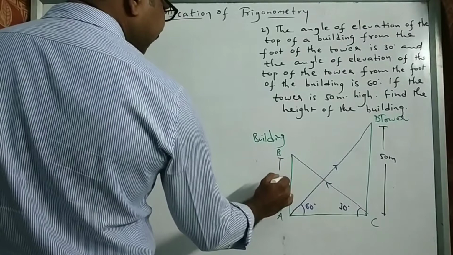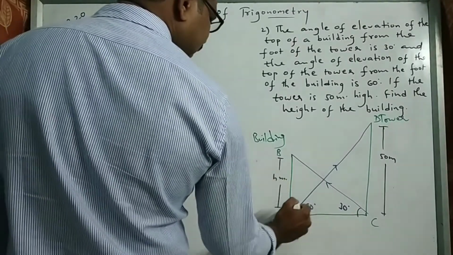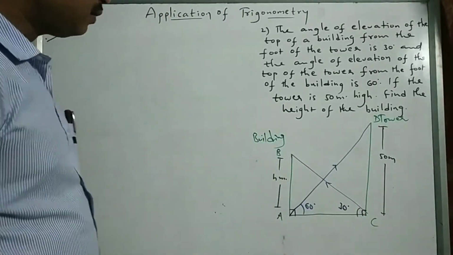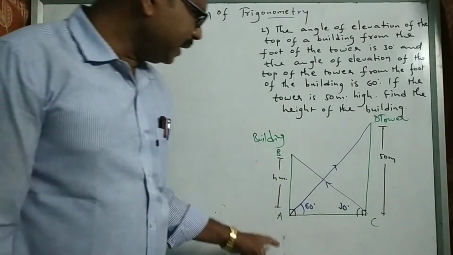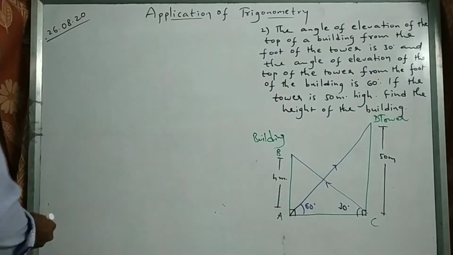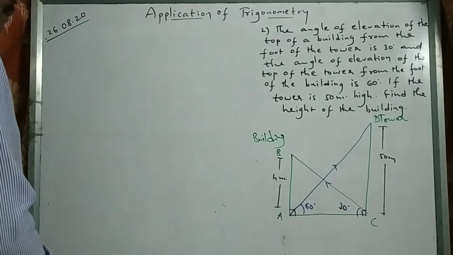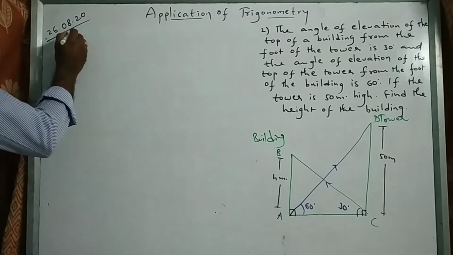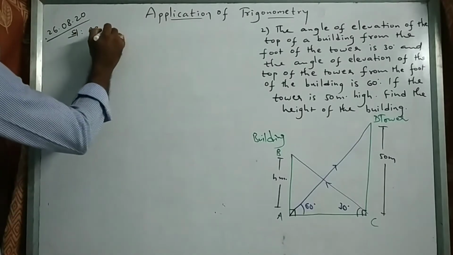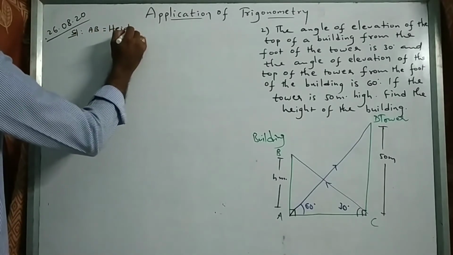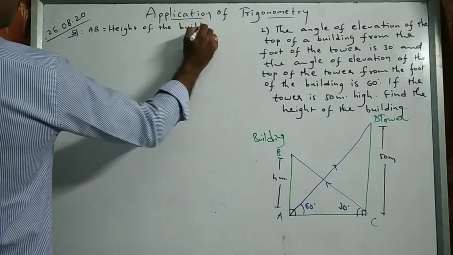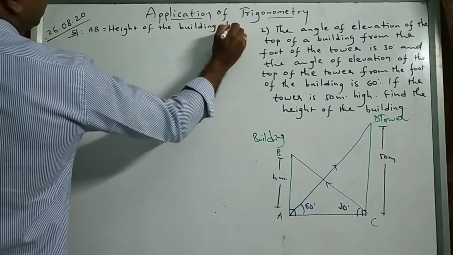Let me take h meters. This is 90 degrees and this total also 90 degrees. That means we have two right triangles here: BAC is one right triangle and DCA is another. What is AB? The height of the building, equal to h meters.